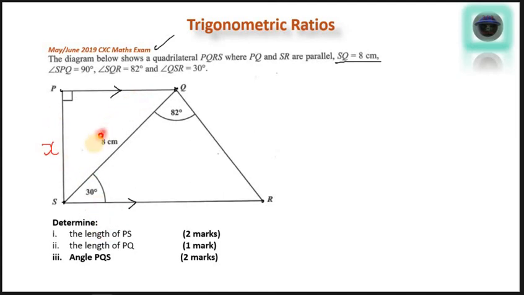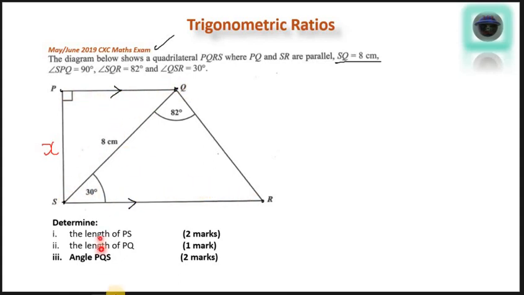So can we use trig ratios? Because it's a right angle triangle, we can use either trig ratios or Pythagorean theorem based on what we're given. If you look at this angle here, we aren't able to determine what angle this is. But if we look at this here, this is a Z. This side is parallel to this side, correct?